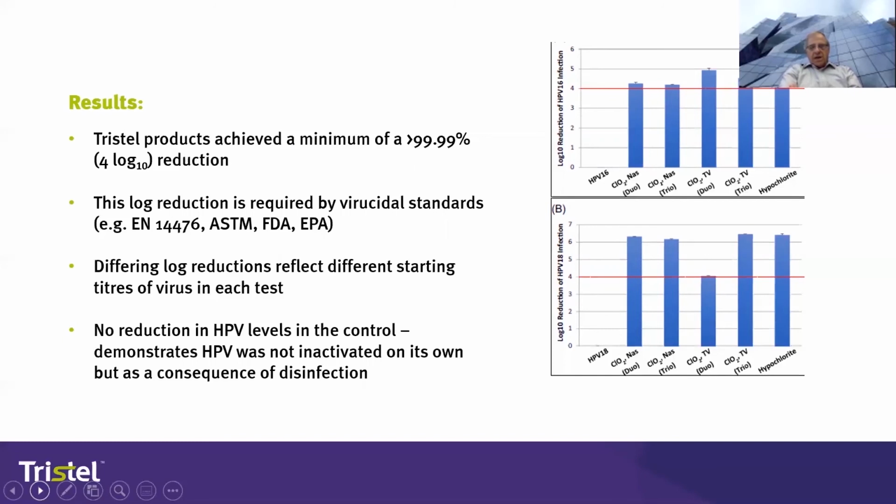And you can see here we tested both HPV 16 and HPV 18. There was no reduction in either virus on the devices that were not disinfected. This shows that the virus was not just dying on its own, but rather as a result of the disinfection step.